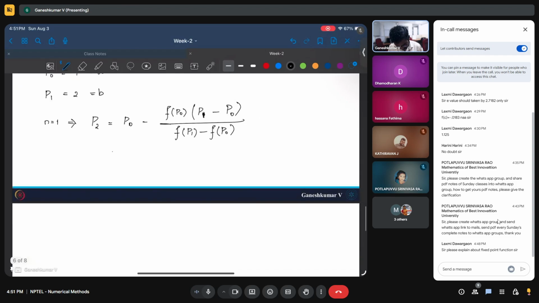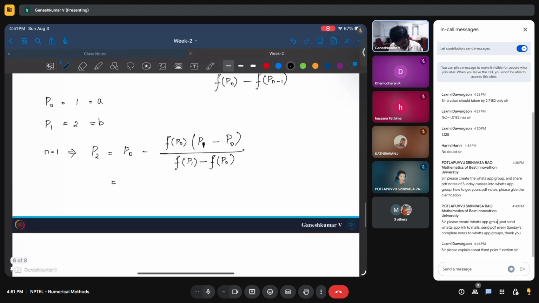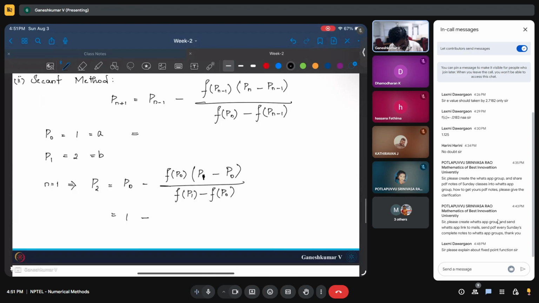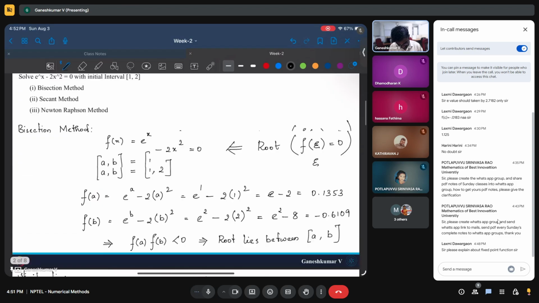Now you substitute these numbers here. It becomes a, which is 1, minus f of 1. What is f of 1? We found out in the bisection method that f of p0 is 0.1353 and f of p1 is minus 0.6109. That was our previous values, right?